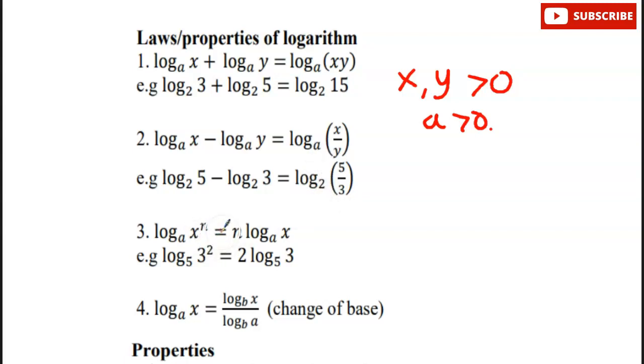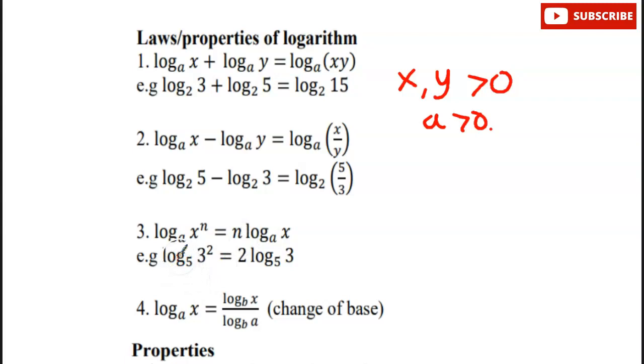Let's look at the third law, which is the power law. Now log x raised to the power n, that's log of a number with exponent n to a certain base a, then we can bring the power in front of the logarithm, making n log x to the base a. So we brought the n in front.